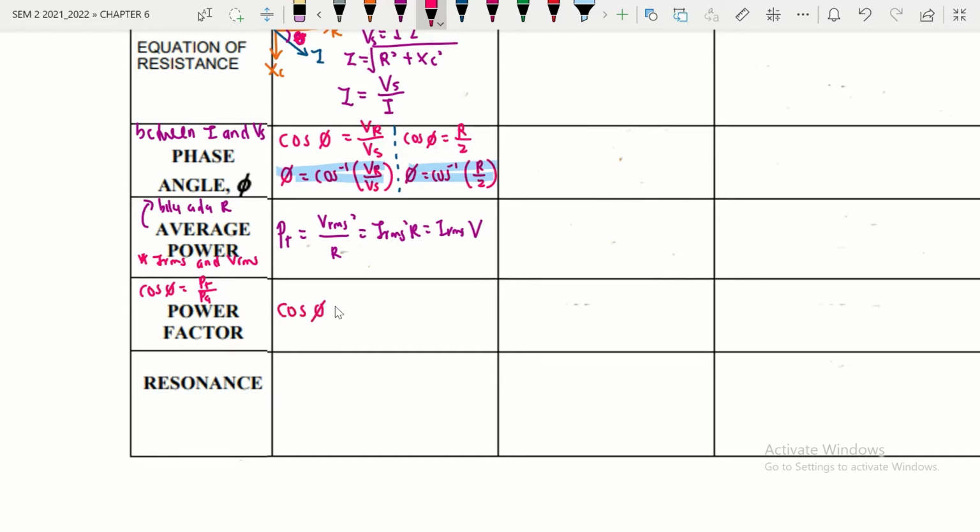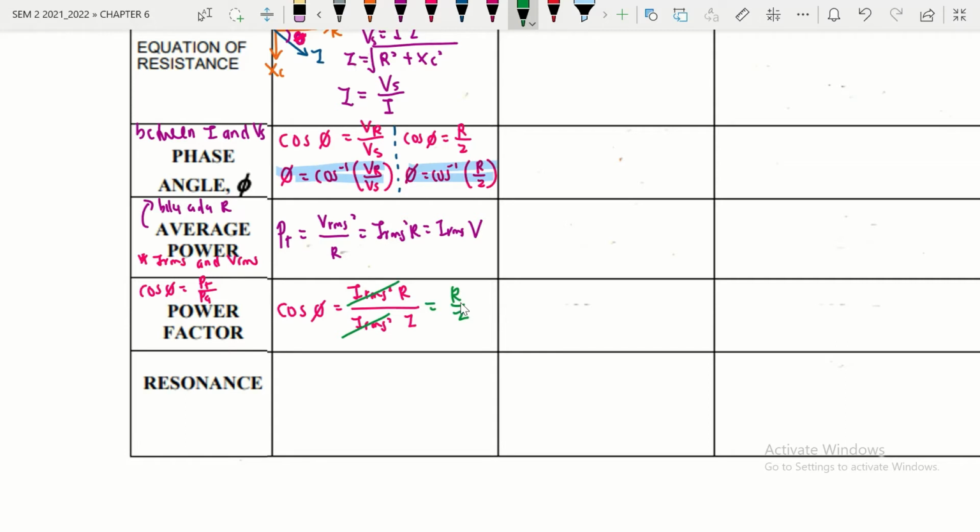So cos phi, real power dia adalah I squared R, I RMS squared R bahagi dengan you punya apparent power. So apparent power you akan jadi I RMS squared Z. Okay, so sekarang I RMS squared boleh potong-potong, so you akan tinggal dengan R over Z.